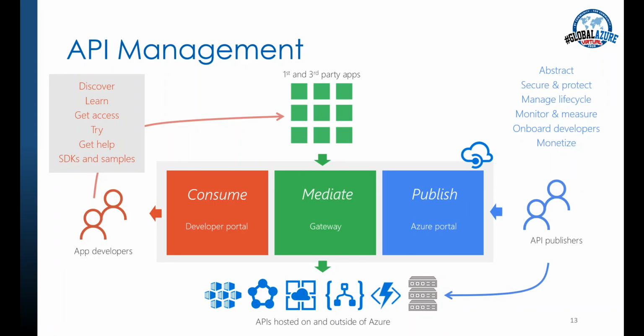On the far right, you have the publish. That's what Azure Portal will be doing inside the Azure, and then obviously you have the Azure API Management Gateway. So that will be doing mediation. And then from the consume point of view, that's where the developer portal will come in. So I'll focus on all three of these areas and go into detailed demos of how each of them work.